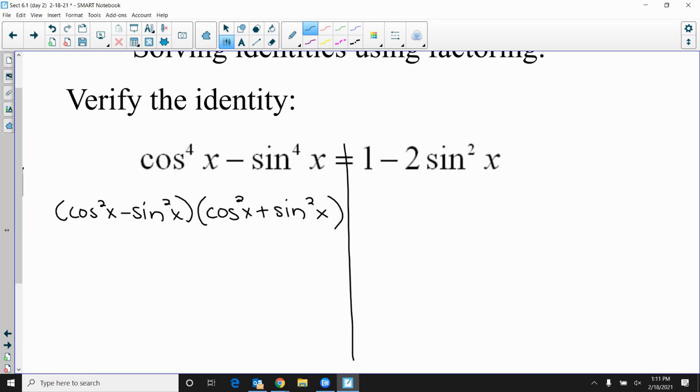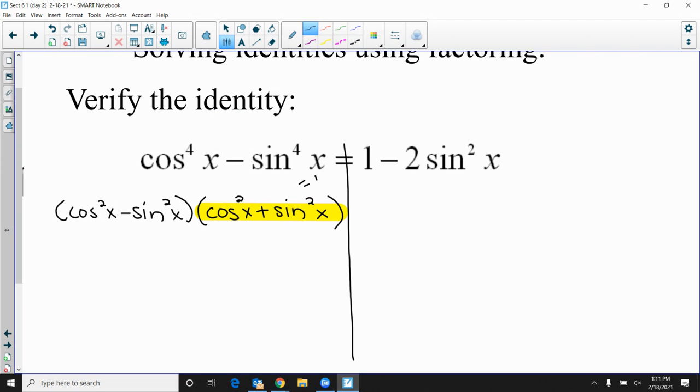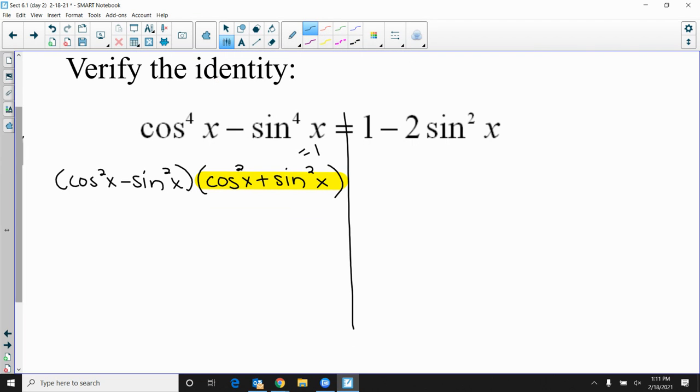All right, Alyssa, what's cosine squared plus sine squared equal? 1. Yep. So that equals 1. And so that leaves me cosine squared x minus sine squared x.